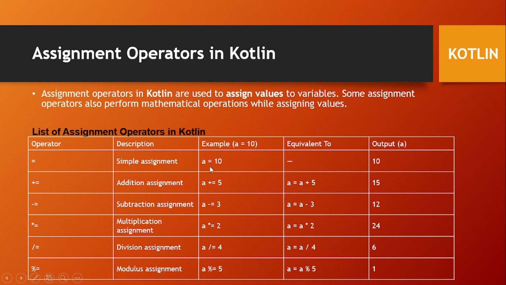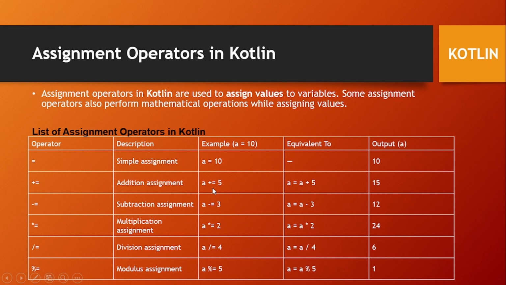We have the simple assignment operator, with the example I have given for you: a = 10, assigning 10 to a. Here it already has 10. By using the plus equal to assignment operator, we can add a new number, which is 5, to our 10.